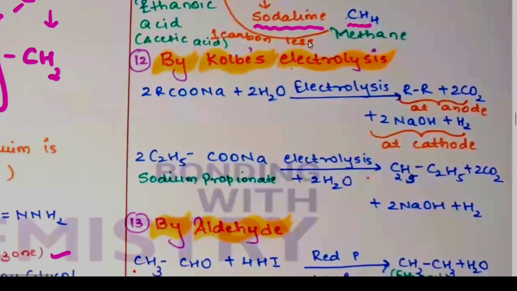Now, during Kolbe's electrolysis, you should know the anodic and cathodic reactions. First of all, this method is used to create a new carbon-carbon linkage, and along with alkanes, you can also use this method for preparation of alkenes as well as alkynes. Clear?